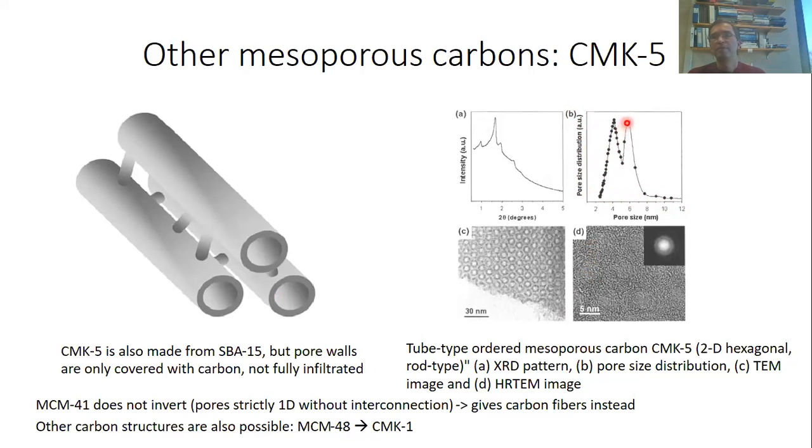The larger pores here are associated with the pore space in between these tubes, and the small pore sizes here are associated with the internal diameter of the tubes themselves.